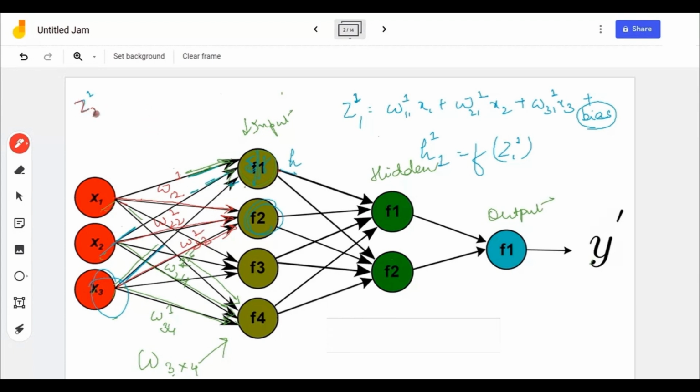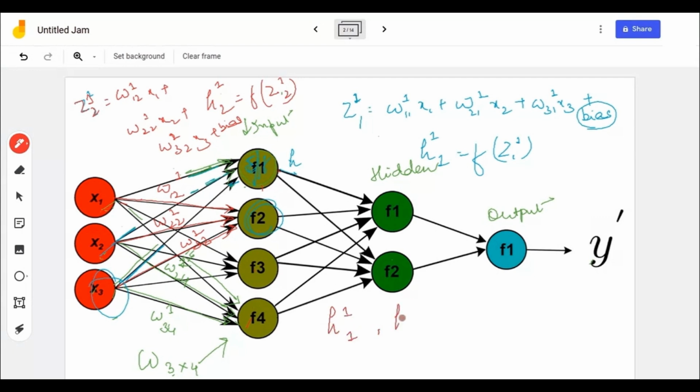So Z of 2,1 will be equal to W12 superscript 1 X1 plus W22 superscript 1 X2 plus W32 superscript 1 X3 plus bias, again optional, and this Z will pass through an activation function again to give us H, first layer, second node. So after doing all this, you will get 4 outputs because there are 4 nodes. So what are the outputs for the input layer?